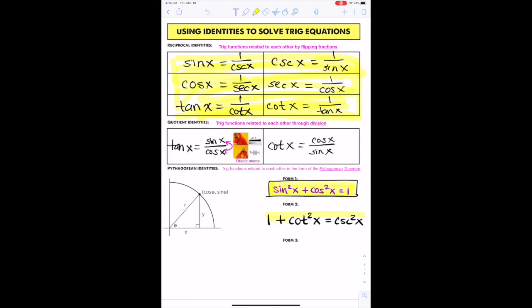So that's another, again, important one, but if you know the one in purple right here, I'll star it. Star. If you know that one, then you can figure this one out. And then the last one, if you divide everything by cosine squared, you would get tangent squared x plus 1 equals secant squared x.